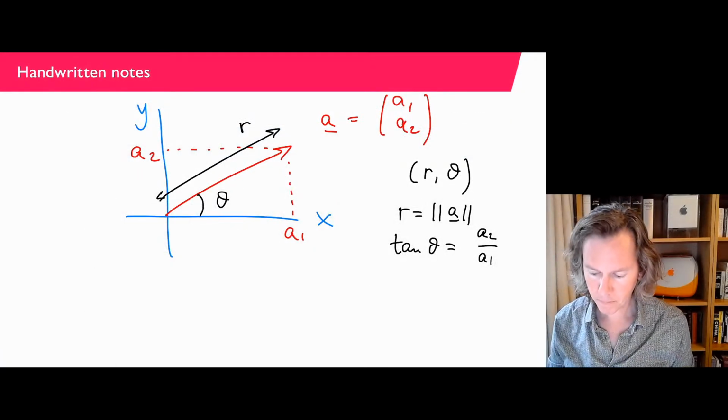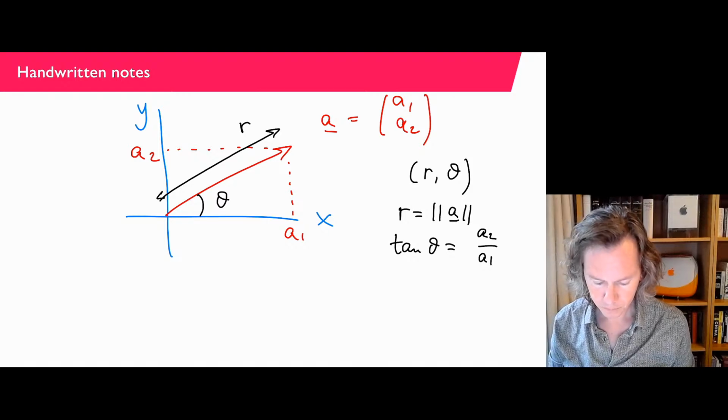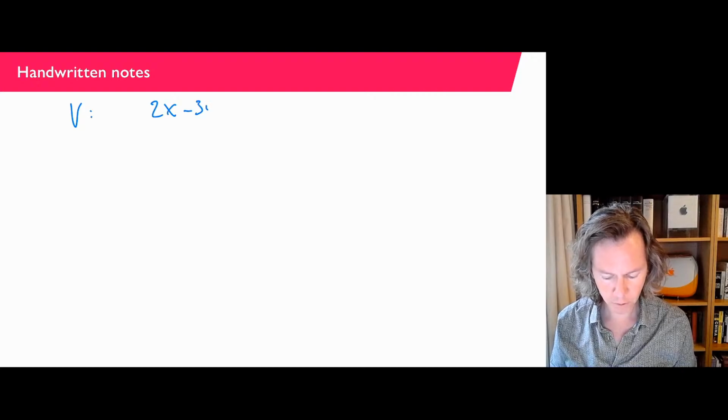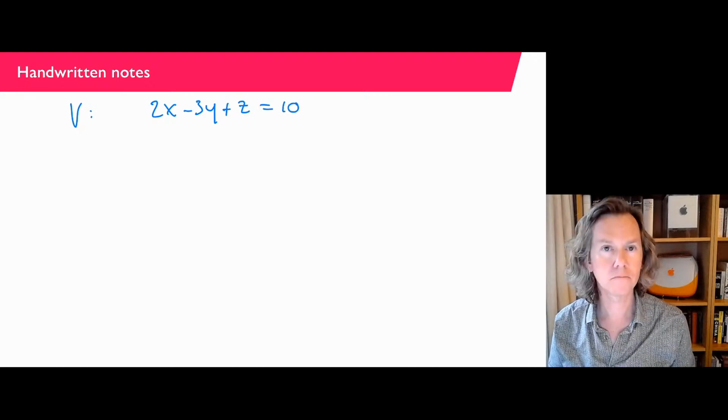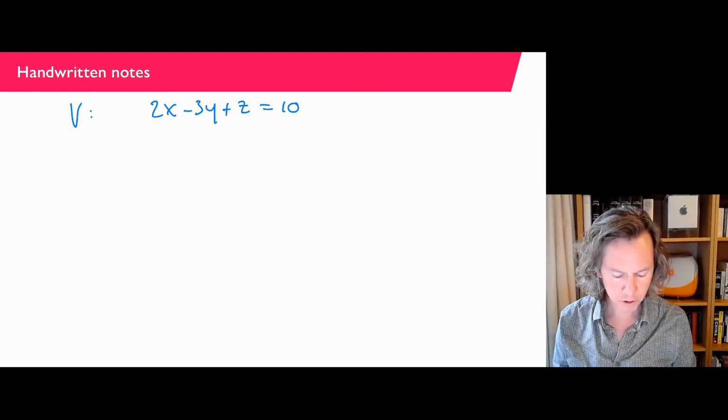Okay, next page. So say that we have some plane, let's say a plane V, 2x minus 3y plus z equals 10. I'm just making that up as we go. And what you would like to have is the vector equation.